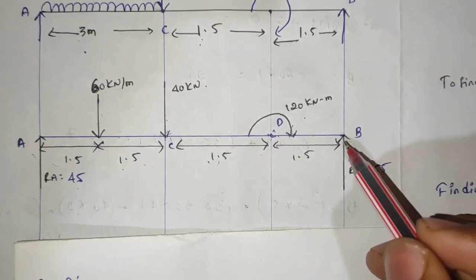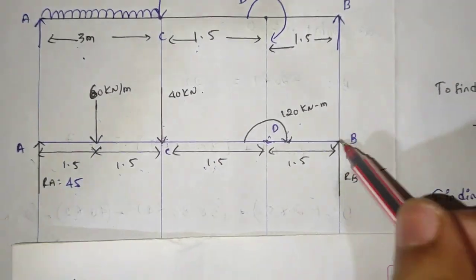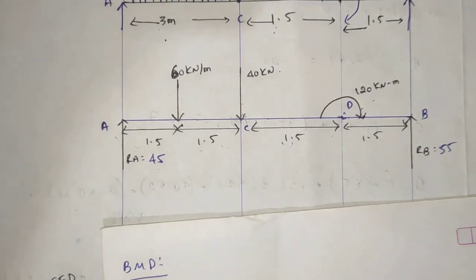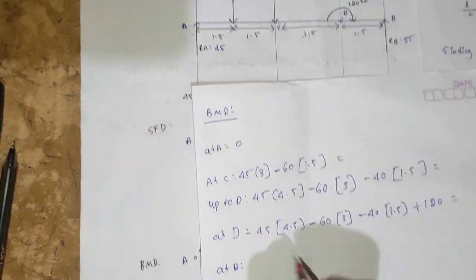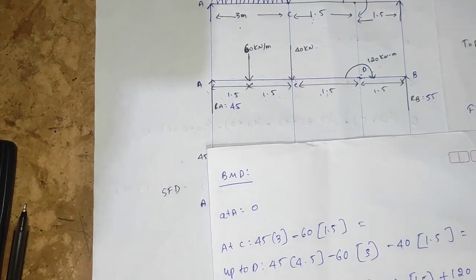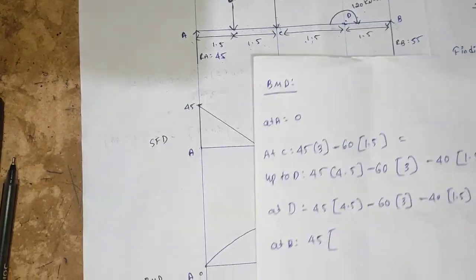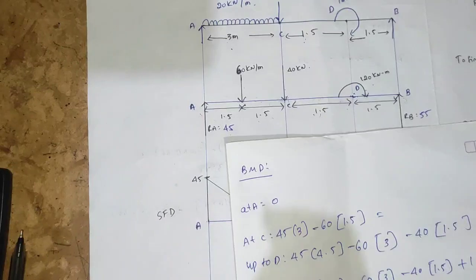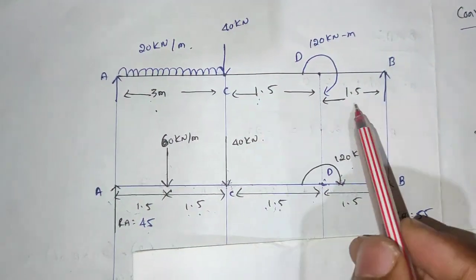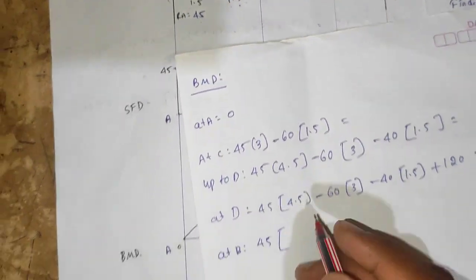Then at B, this is clockwise: 45 into perpendicular distance. How much? 3 plus 1.5, 3 plus 3, 6. That is 45 into 6.